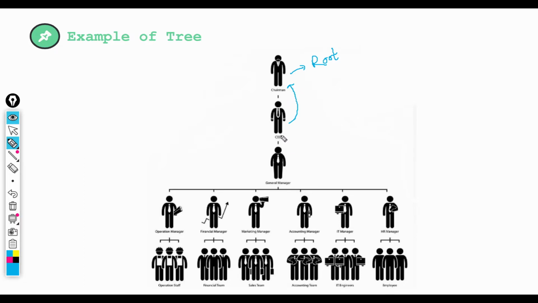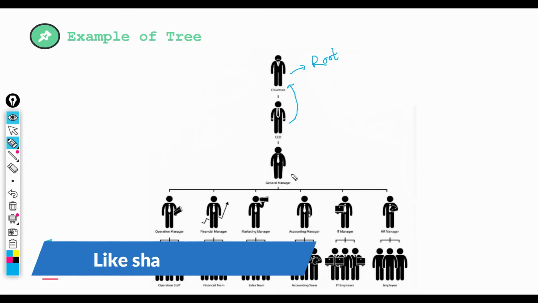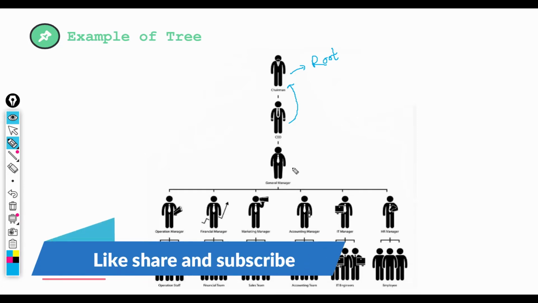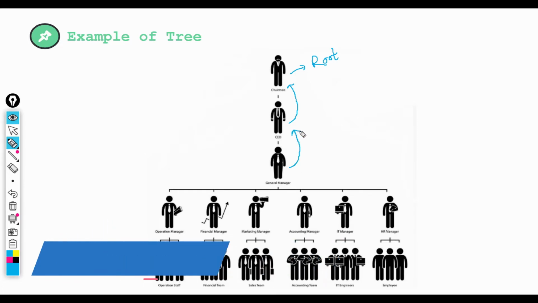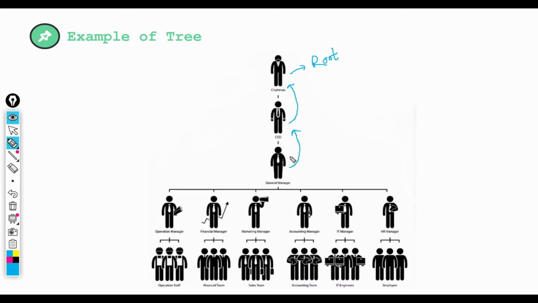Same case, the CEO has one child, which is the general manager. This general manager is directly reporting to the CEO, or it is directly pointing to its parent, that is the CEO. So if you can see this, the GM is indirectly pointing to the chairman, which is the root node of this tree, right?